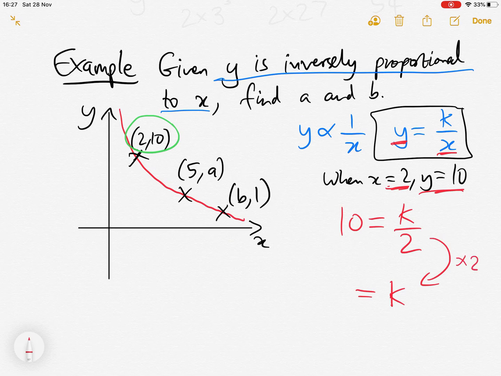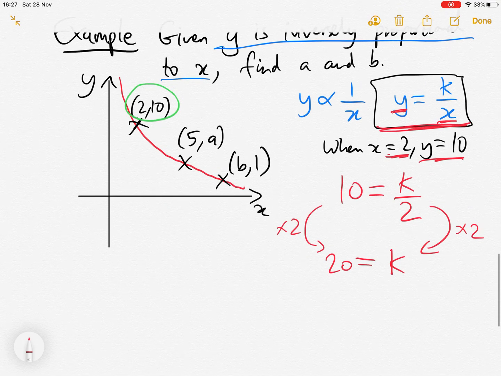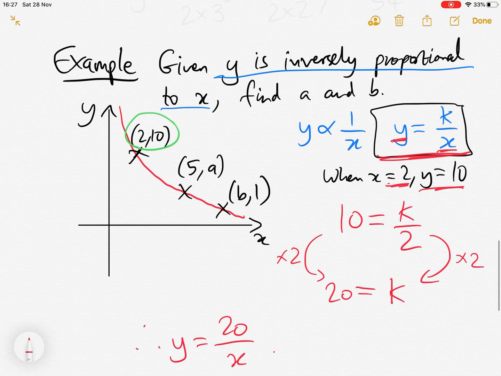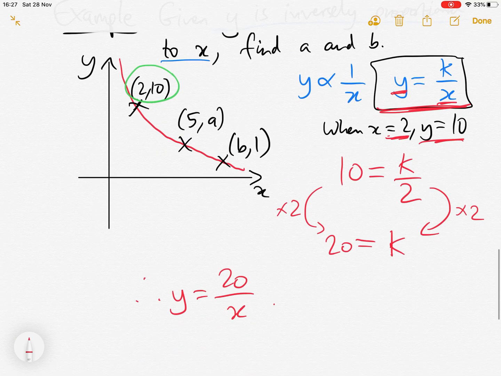So if we times both sides by 2, we get k equals 20. And now we can put that back into our formula that's in this box up here. So we've worked out k, so we can say therefore y is k, which is 20 over x. And now we should be able to find the values of a and b.